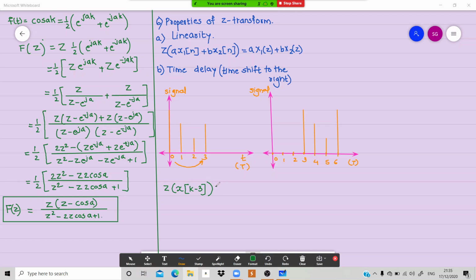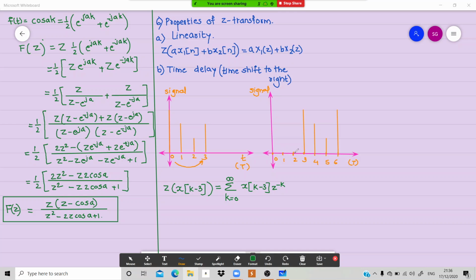Correct. So the Z transform of X(K minus 3) will be equal to summation K equal to 0 to infinity X(K minus 3) Z raised to minus K. Now it is very well understood that even if you are saying K equal to 0, for all these instances your signal is becoming 0.